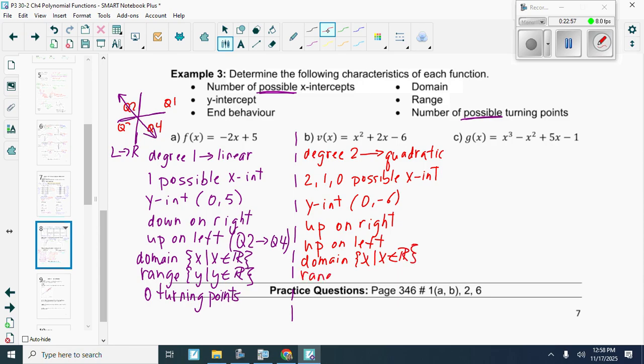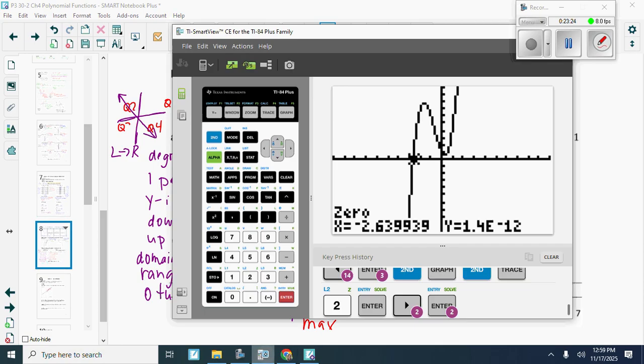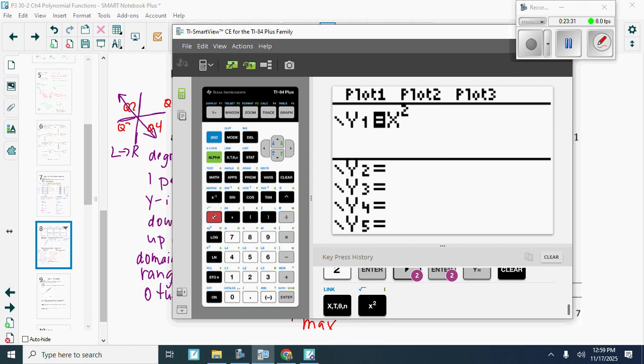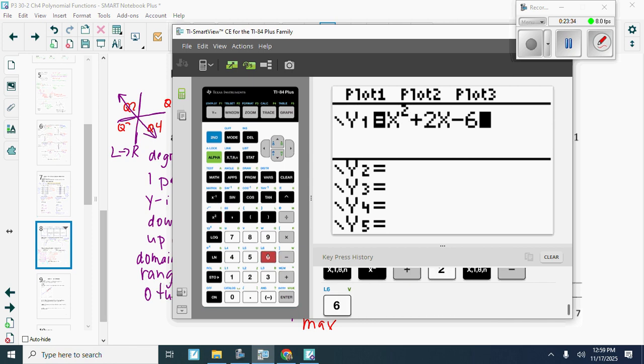But our range is tied to a min or a max point. So you actually have to go to your calculator and figure out what your minimum point is. Y equals x squared plus 2x minus 6.